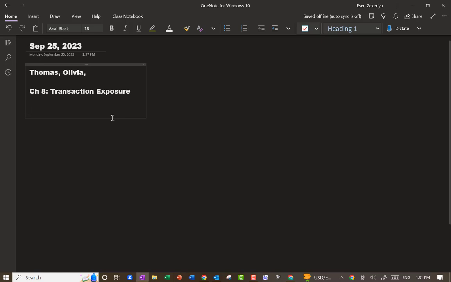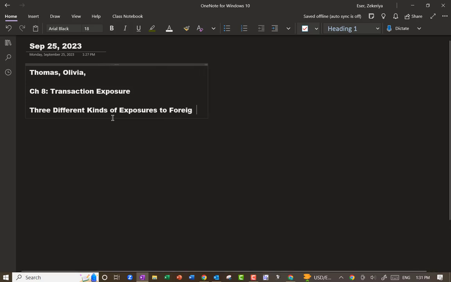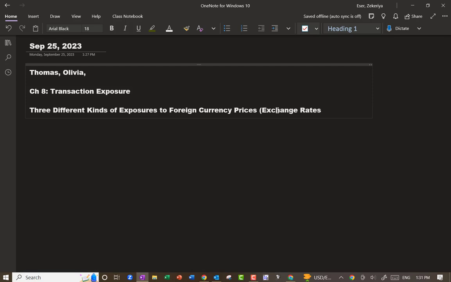There are actually 3 different kinds of exposures to foreign currency prices or foreign exchange rates. The first one is transaction exposure.